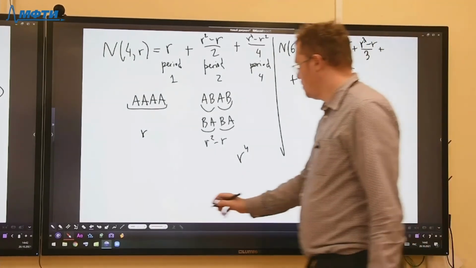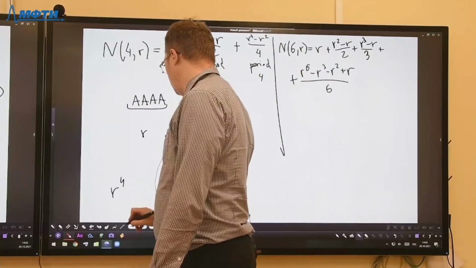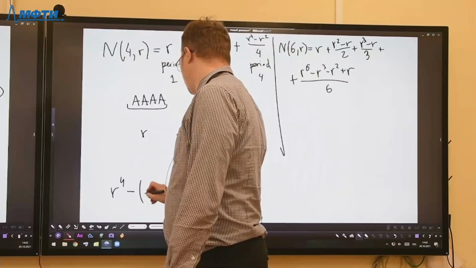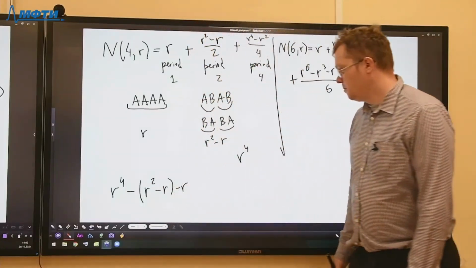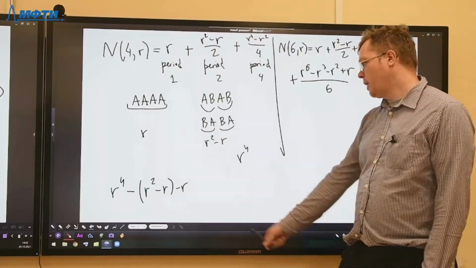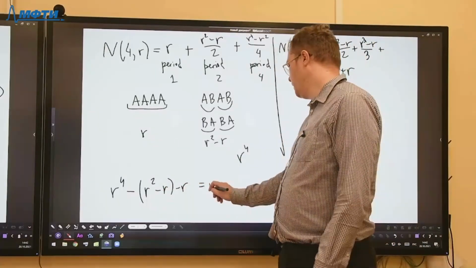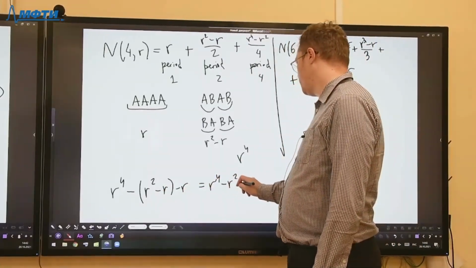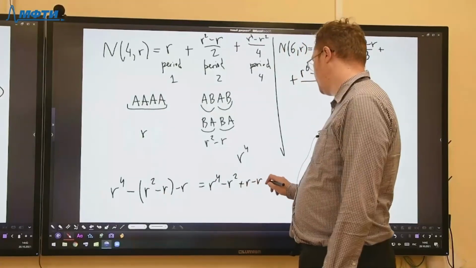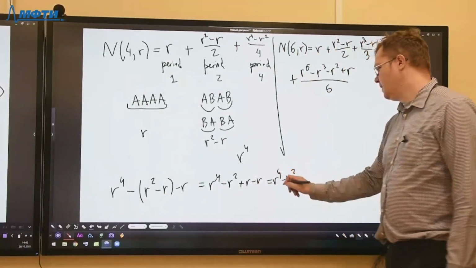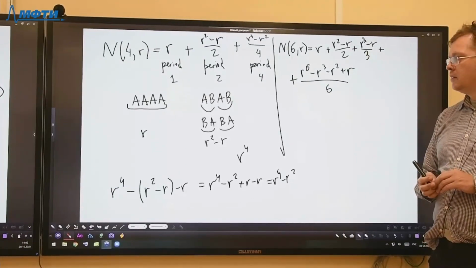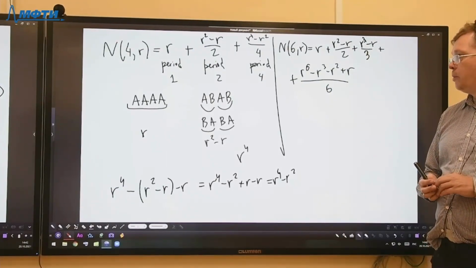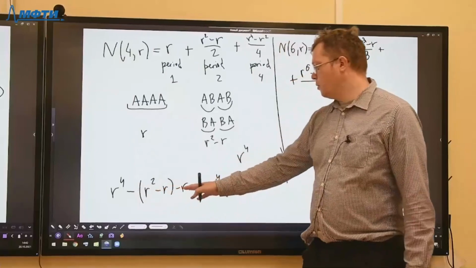Because we need to take all linear words, usual words, and then subtract what we counted before. Because here we counted only linear, only usual words.